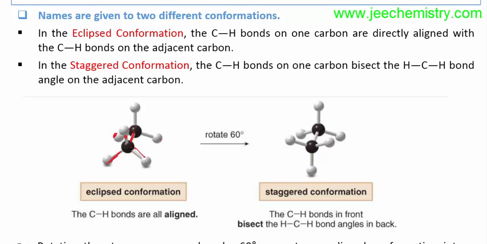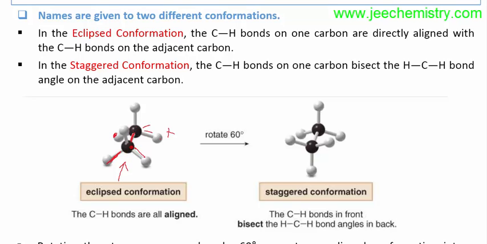This carbon-hydrogen bond is also on the upper side, just behind the front carbon-hydrogen bond, exactly behind it. If you view from the front carbon, we cannot view the back carbon-hydrogen bonds. Actually I have shown this in the slide view.